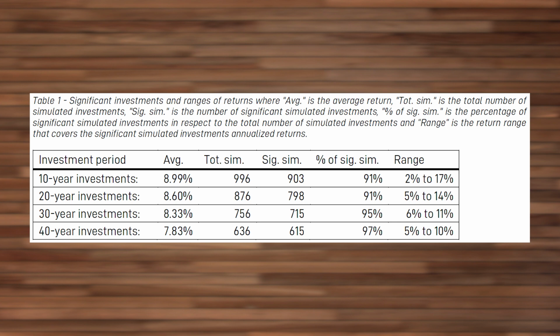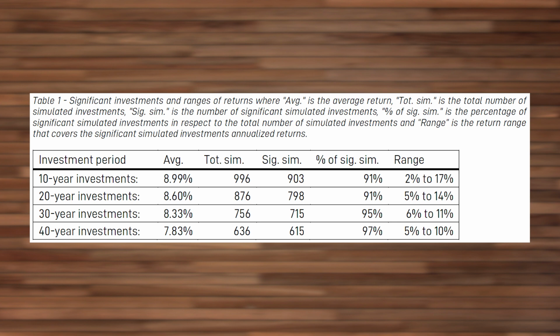What is the range of returns where 90 or more % of simulated investments managed to fall? And we come up with this table. This table tells us what is the range of returns where 90% or more of our simulated investments that we did in the past managed to have a return.